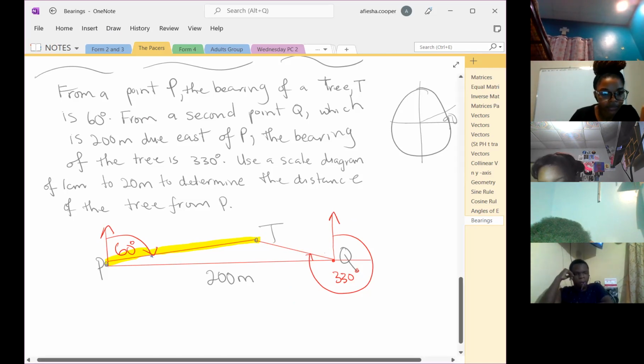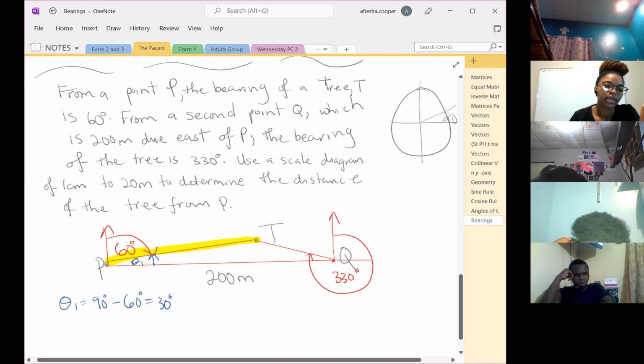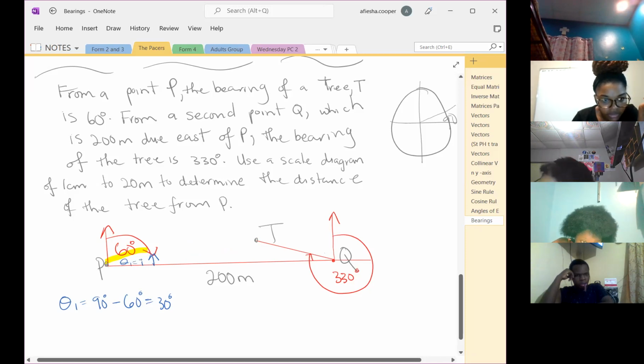Very good. So here creates a 90 degrees. So inside of here would be theta 1. So theta 1 is actually 90 degrees minus 60 degrees. So that's 30 degrees there. Nice. So theta 1 is equal to 30 degrees.